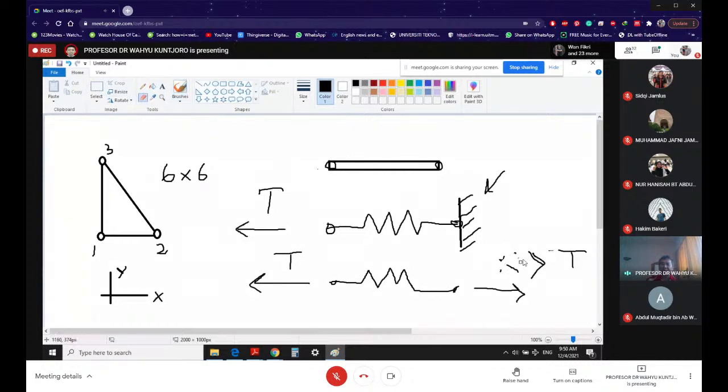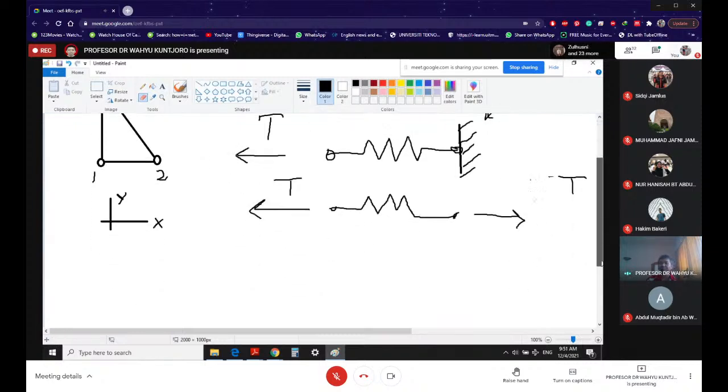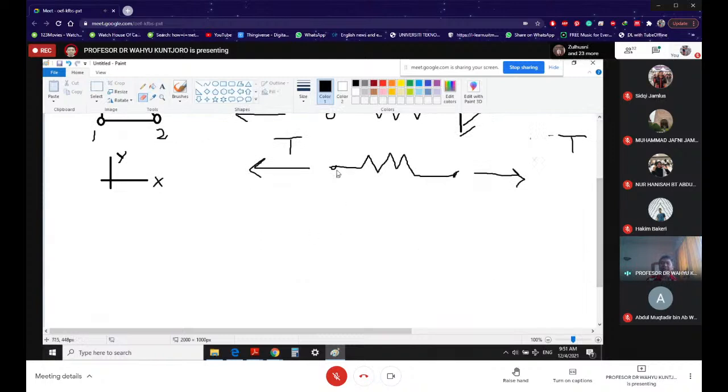I just erase everything. Okay, so now what you see here is the physics of what you have learned before. And I think you agree with me that initially, the length of this is L. Because you apply this force, of course it will elongate.